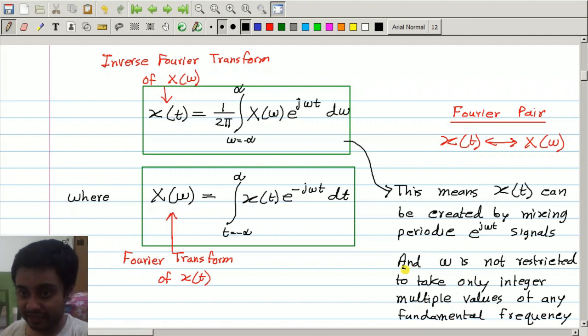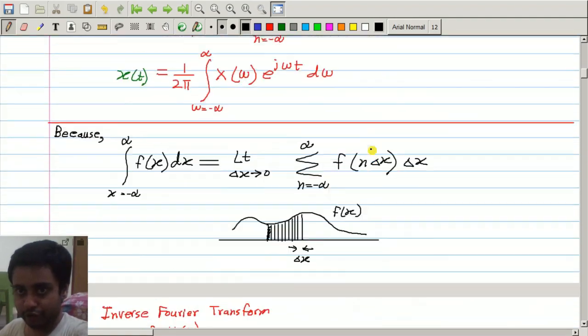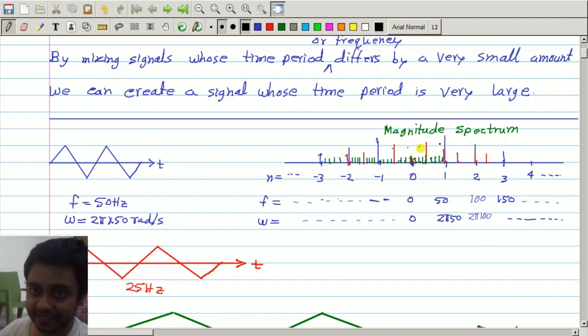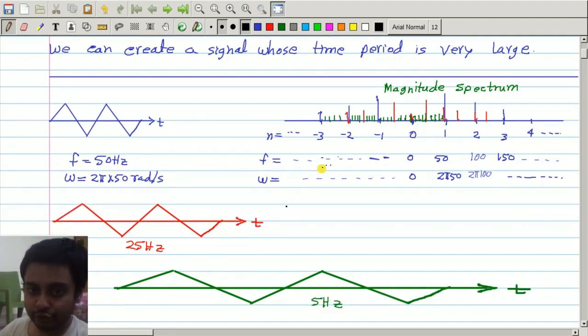And omega is not restricted to take only integer multiple values of any fundamental frequency. It can take any kind of fractional values. If you go back to our earlier discussion, we said that if you consider a periodic signal with smaller and smaller frequency, then in its spectrum we will see harmonics or components which are densely packed.